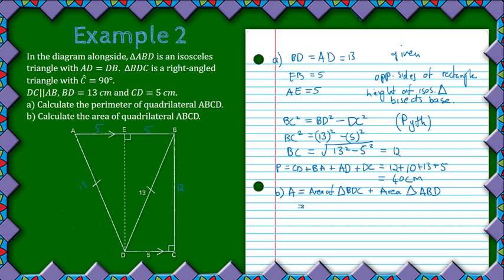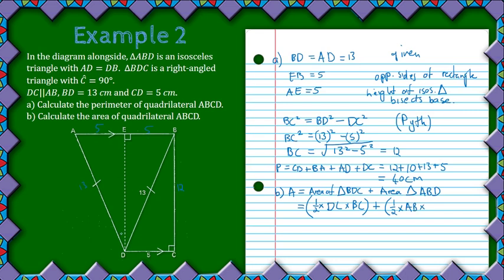So for the first triangle, I've got half times my base, in this case DC, and my perpendicular height is BC, and that's my first triangle, plus the other triangle, my base here is AB, so half times AB times my perpendicular height.